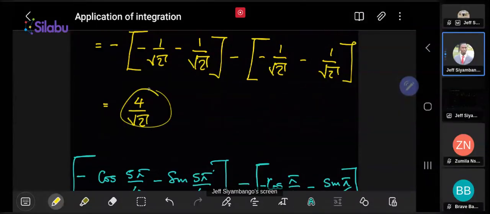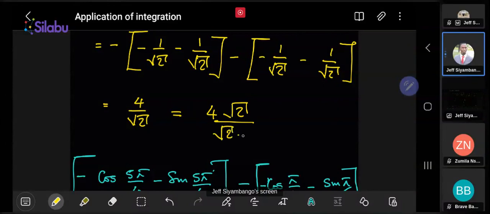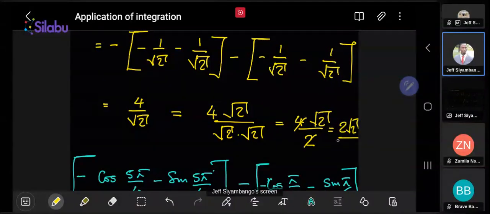If you wanted to rationalize the denominator, this could be written as 4, multiplying the numerator and the denominator by root 2. This would end up being 4 root 2 over root 2 times root 2, which is 4 root 2 over 2. The 2 and 4 simplify to give you 2 root 2.